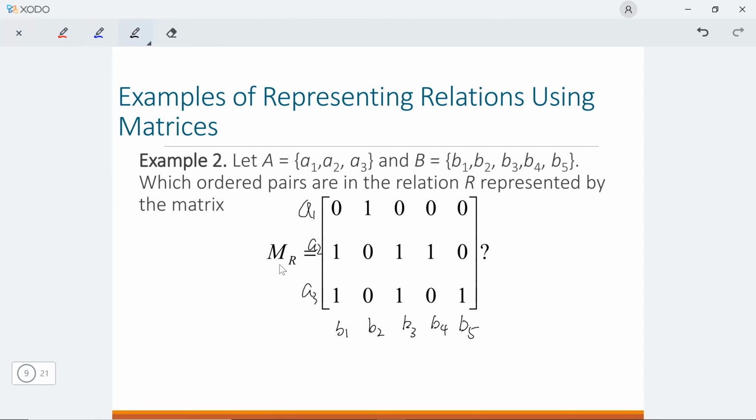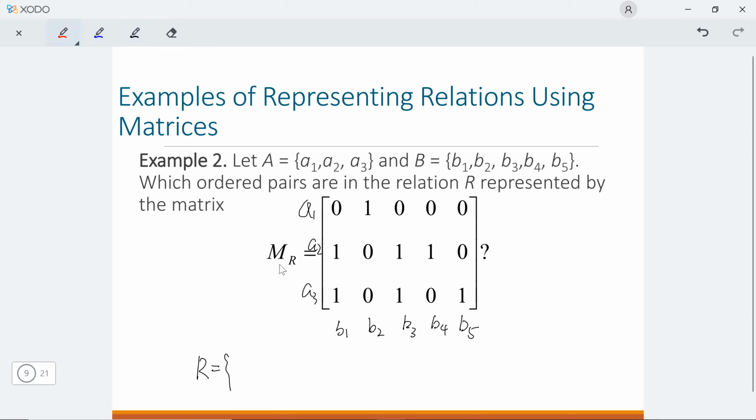So then we can find the meaning of each entry. If the element equals 1, it means this pair of elements is in our relation. If the element equals 0, it means this pair of elements is not in our relation. So now let's check this one by one. For our R, let's focus on the first row, second column.